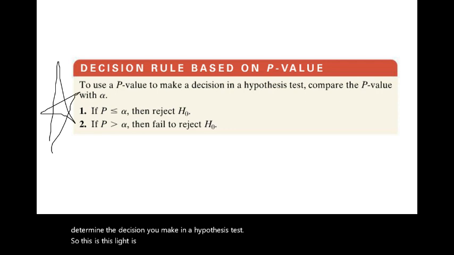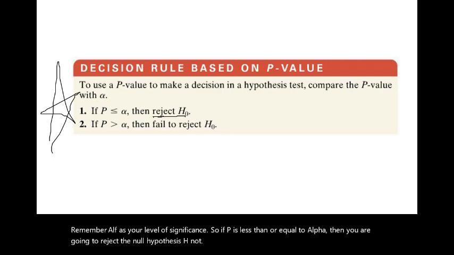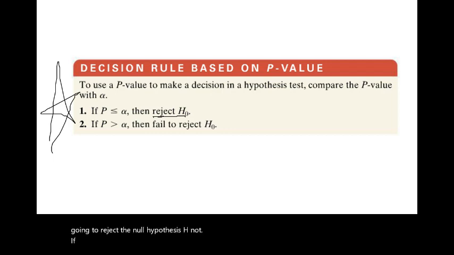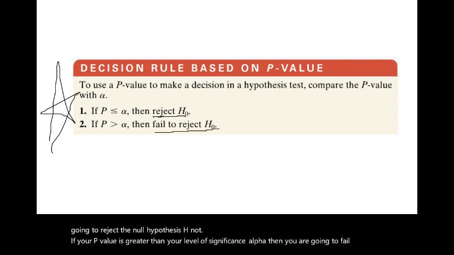Make sure you write this down. If your p-value is less than or equal to alpha, remember, alpha is your level of significance, then you are going to reject the null hypothesis H naught. If your p-value is greater than your level of significance alpha, then you are going to fail to reject the null hypothesis.